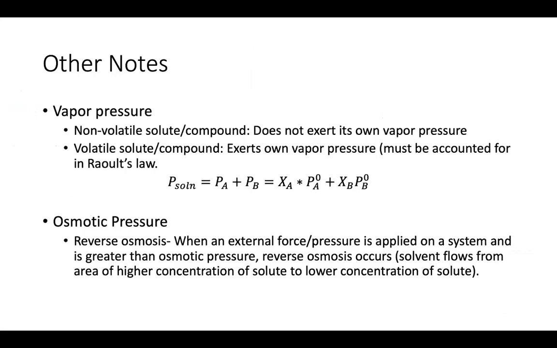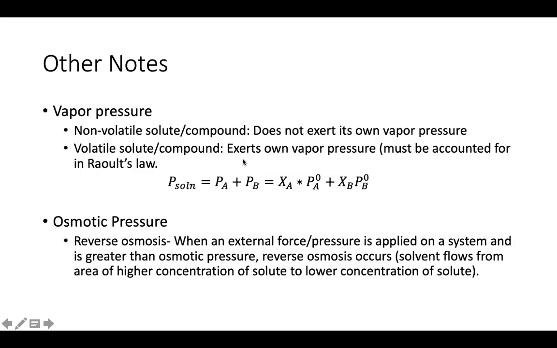Basically, they only affect the colligative property of vapor pressure lowering by decreasing the mole fraction of our solvent. So you just use the normal Raoult's law, which is our vapor pressure lowering equation, when a non-volatile solute is added. Okay, now a volatile solute or compound makes these problems a little bit harder.